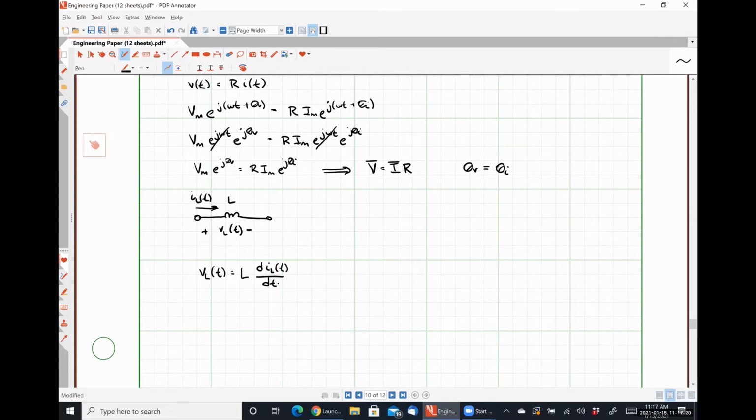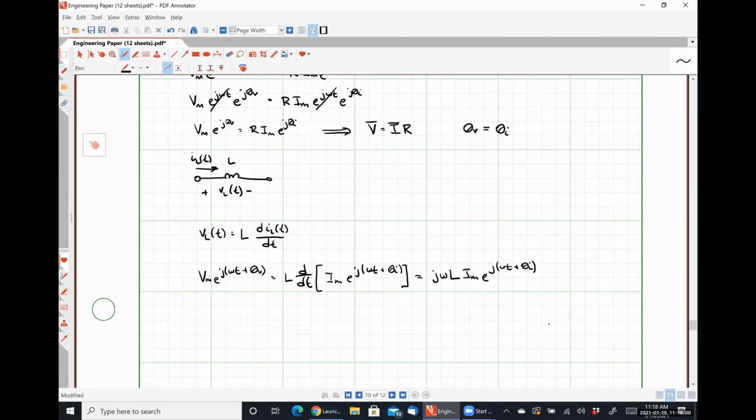So substituting in our mixed domain signal, we have Vm e^(j(ωt + θv)) is equal to L times the derivative with respect to time of Im e^(j(ωt + θI)). If we perform this derivative, this leaves us with jωL Im e^(j(ωt + θI)).